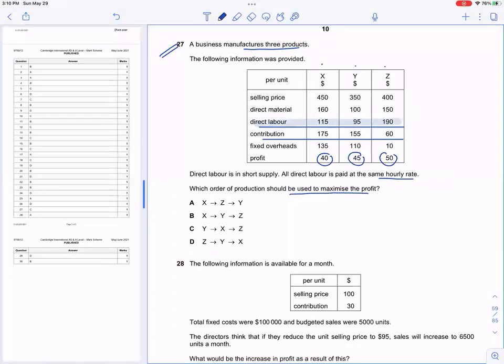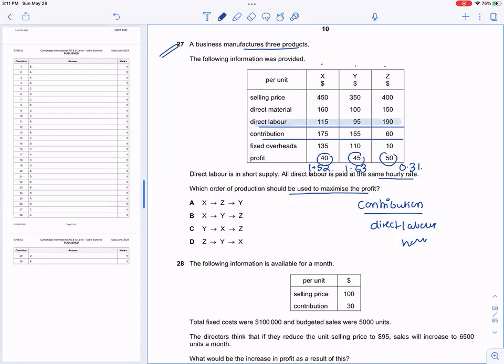So what you have to do, you have to find out contribution per direct labor hour. So we found out contribution per direct labor hour.